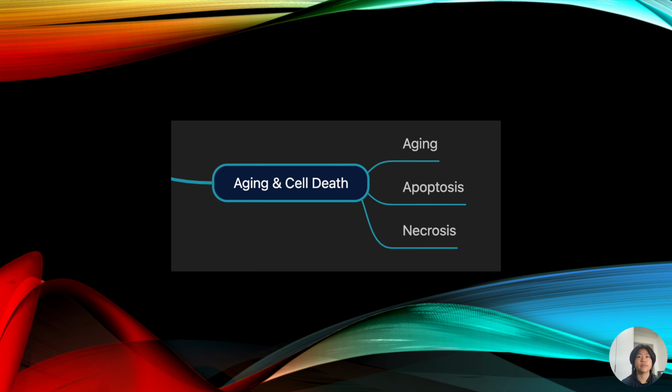And then we have apoptosis and necrosis. These all refer to the process in which a cell kills itself, you can understand it. So apoptosis is programmed cell death. This can involve lysosomes that we talked about earlier.